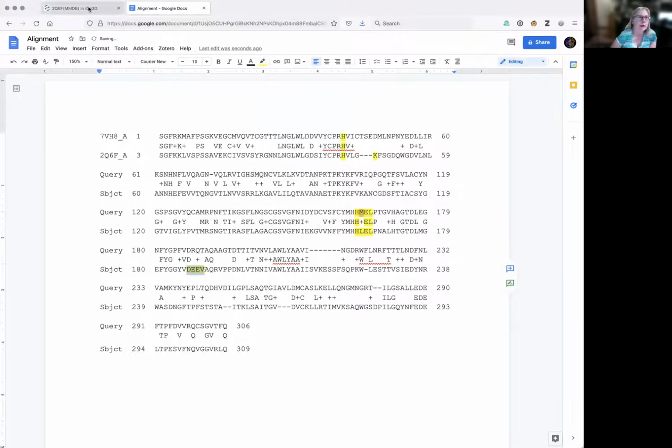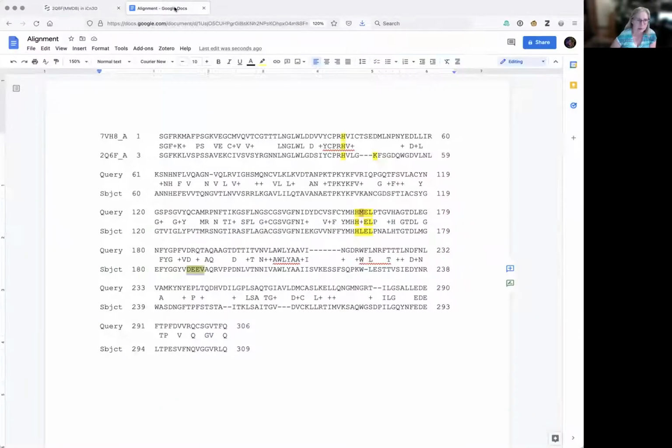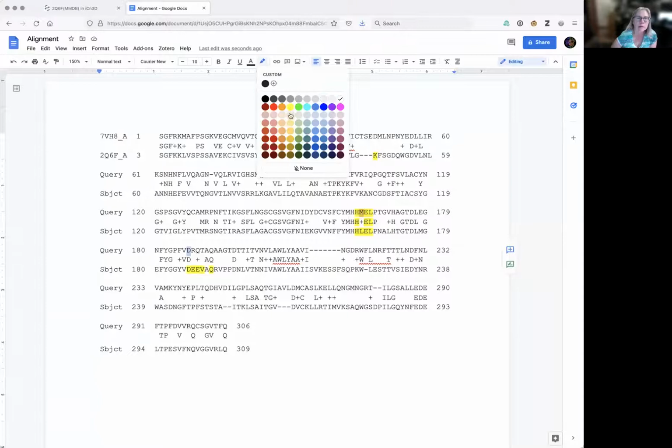I'm just going to go back and look at this for a minute. And then there's an A, an alanine, and then there's a Q at position 190. So let's get that too. Okay, and I can see the D, aspartic acid, is present in both of my sequences.